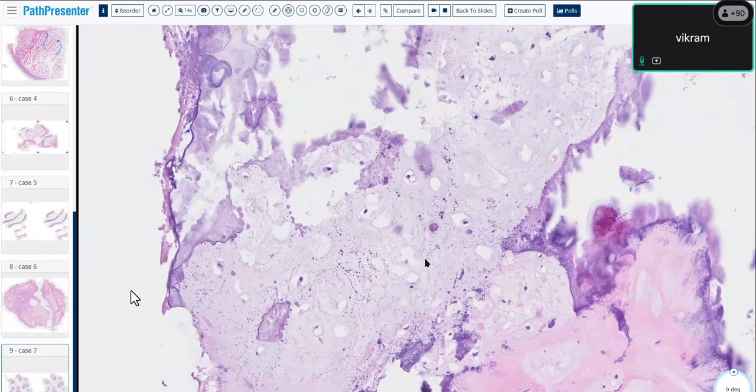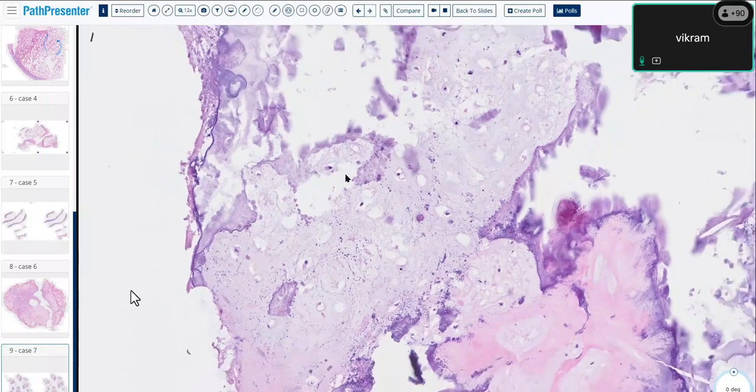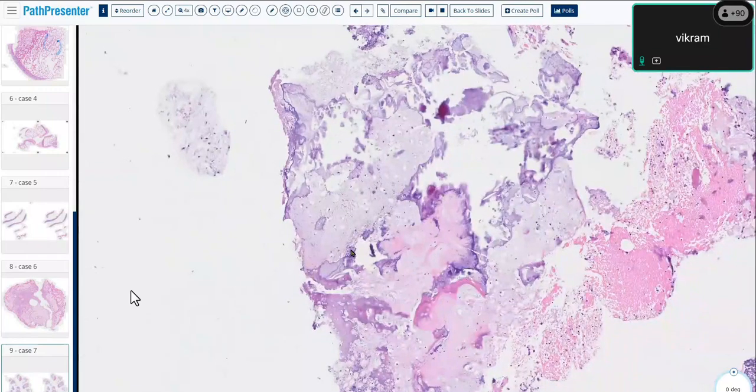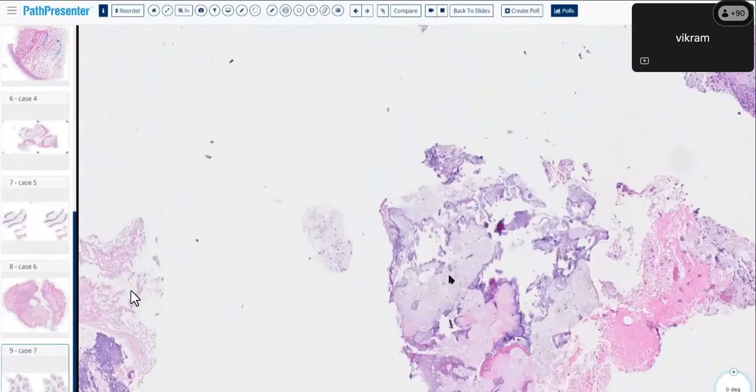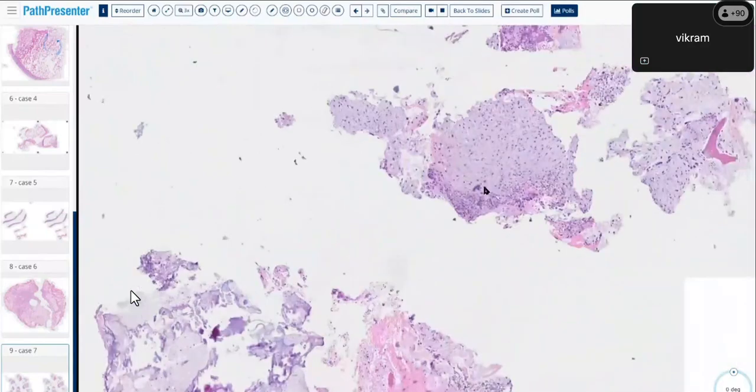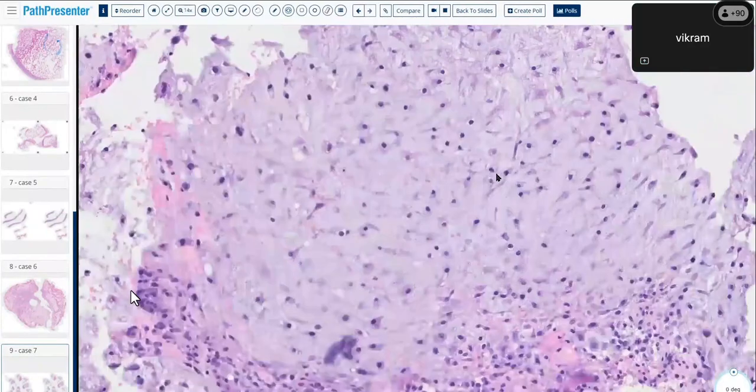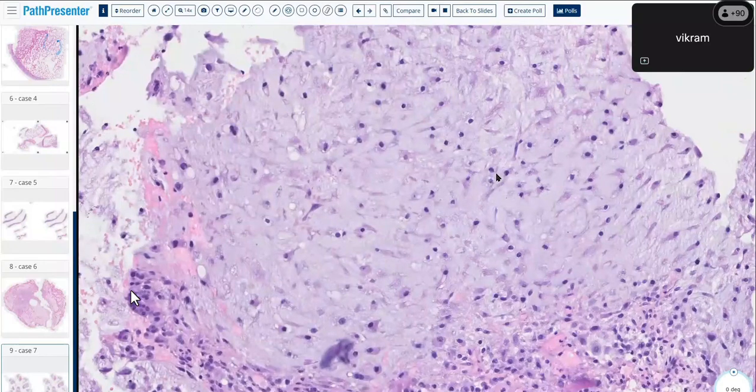So this is an enchondroma, right? You can see this is very low grade. This is cartilage, chondrocyte nuclei. There's calcification. So there's the enchondroma. Then we will find areas that look much more malignant. So I don't care if there's encasement or not in this case.